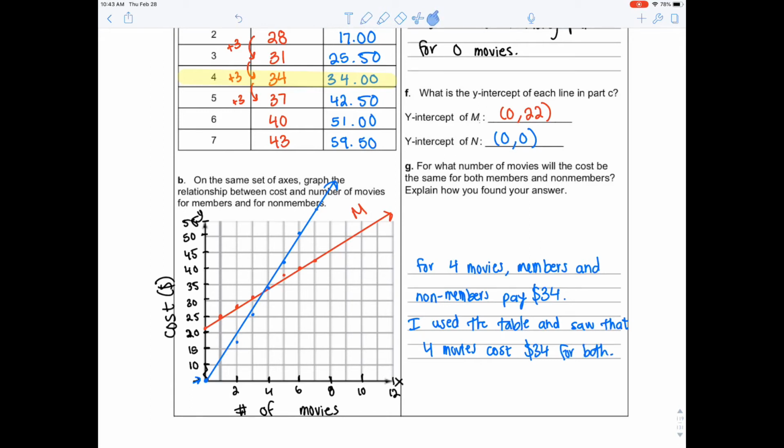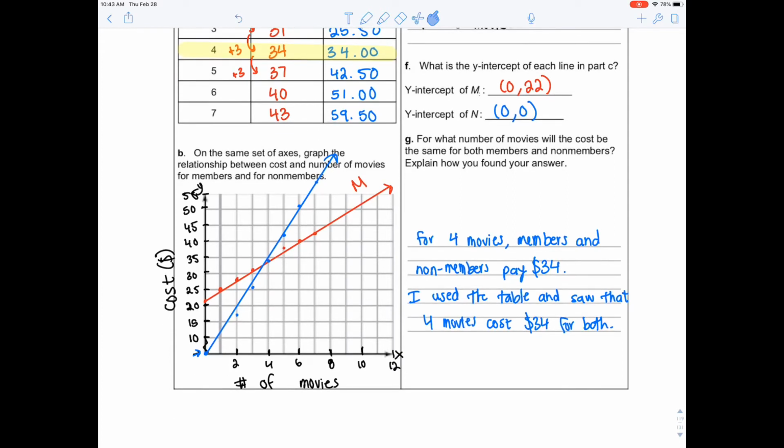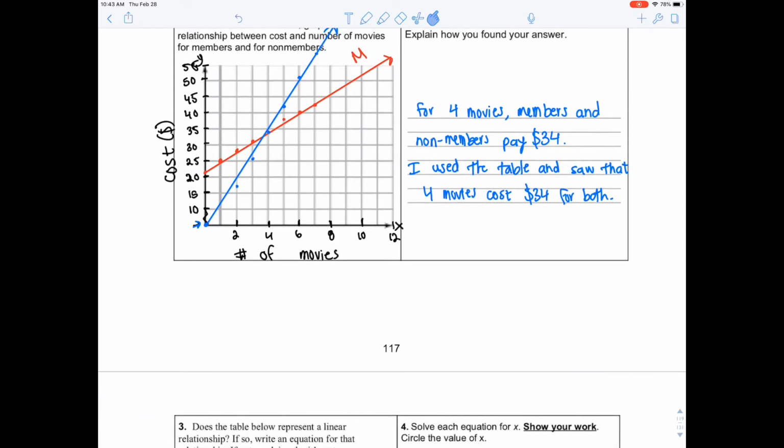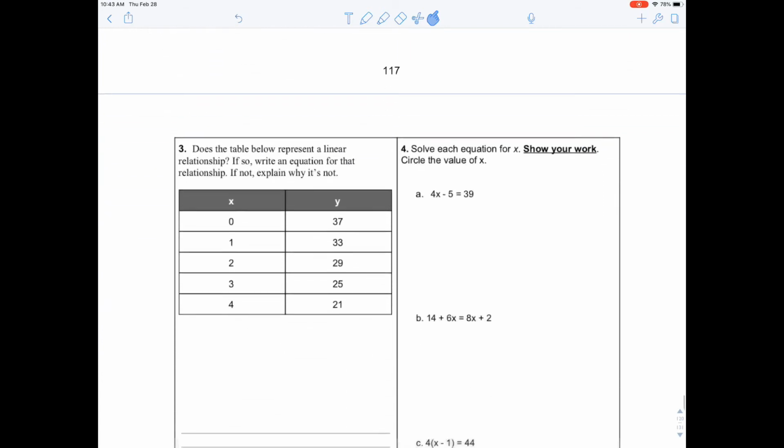Okay, and that's a perfectly good explanation, because that's exactly what we did. We looked at our table and observed that, right? It just happened. Okay, let's keep going.